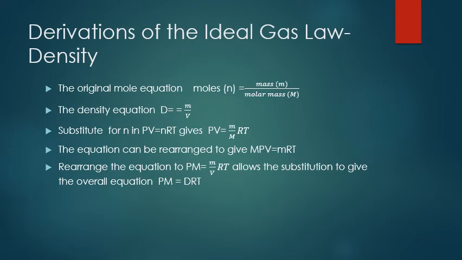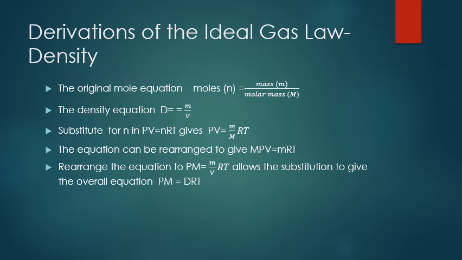The second derivation of the ideal gas law is density. And in order to get density, we're going to do the same manipulation that we started with for molar mass. So we're going to take the mole equation and convert it into mass divided by molar mass. And we remember, hopefully, that the density equation is equal to mass divided by volume. So what we need to do is substitute the m over capital M for the n in the PV equals nRT.